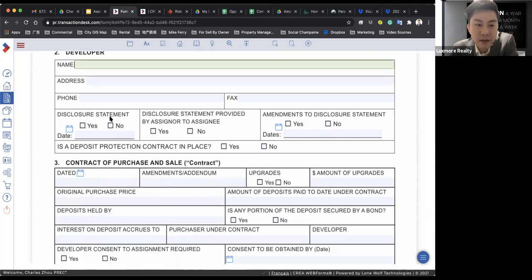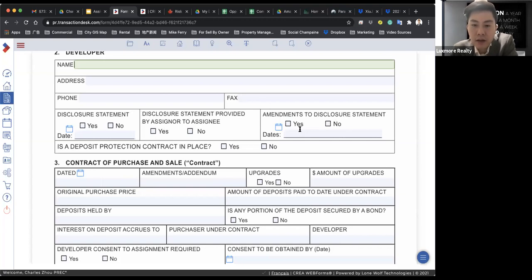Disclosure statement: you have to get it from the assignor, which is the seller. You have to fill in a date here. And there is a disclosure statement provided by assignor, yes or no. If they don't have one, then you just check no. There are usually 4 or 5 amendments to a disclosure statement.